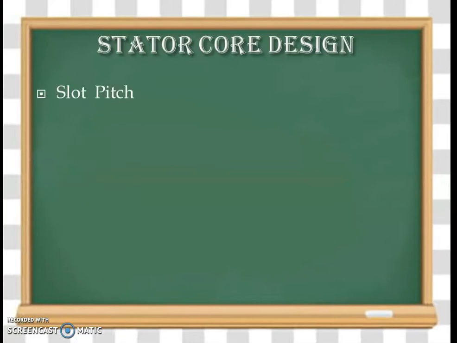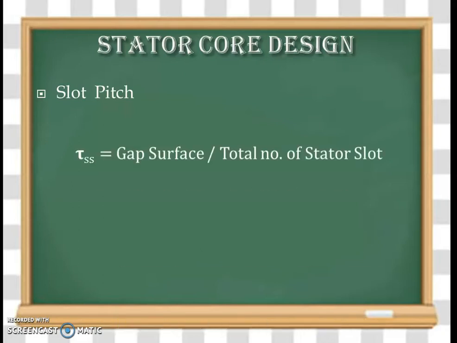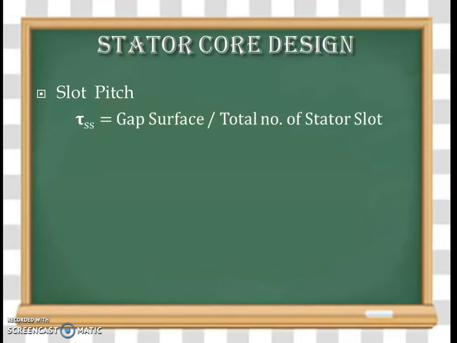Then we have slot pitch. Let us see how mathematically slot pitch can be given. So slot pitch, that is tau_ss, where the first s is for slot and the second s is for stator, is equal to gap surface divided by total number of stator slots.